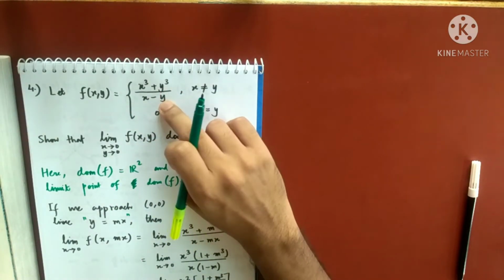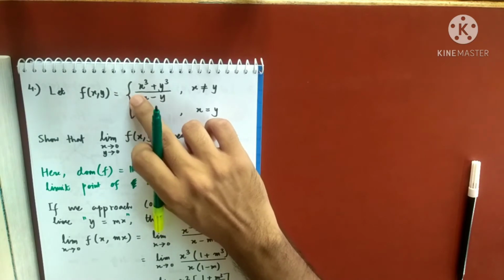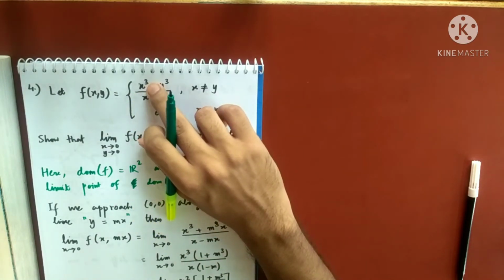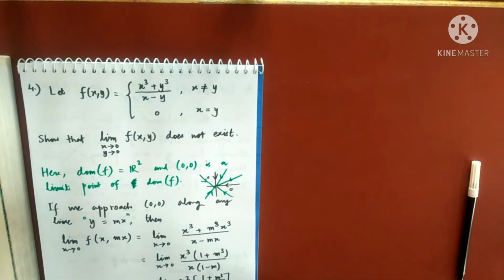But again, only x will be common from the denominator, and that can only cancel one x in the numerator. The numerator will again have x squared, and the limit will tend to 0. That is of no use. Did you understand my point, what I said?